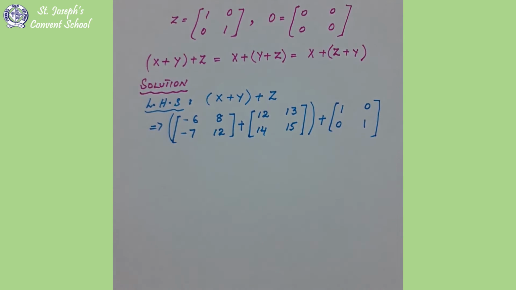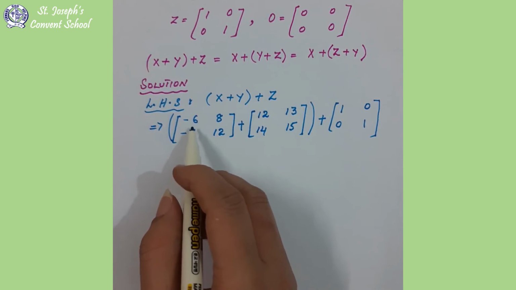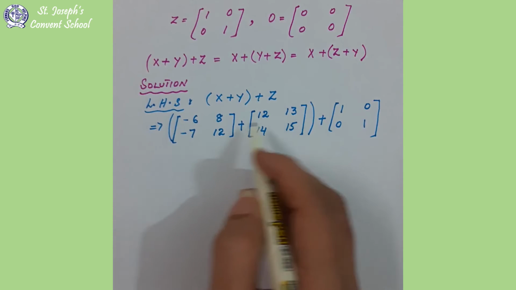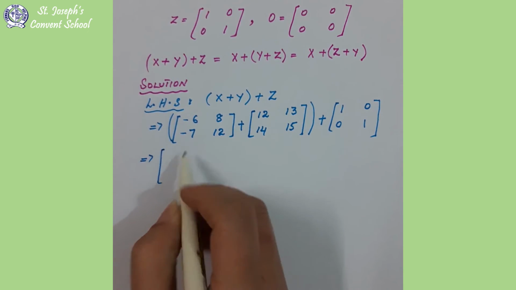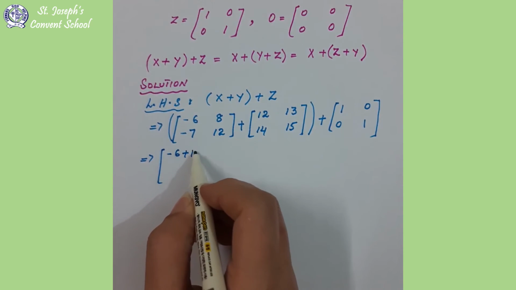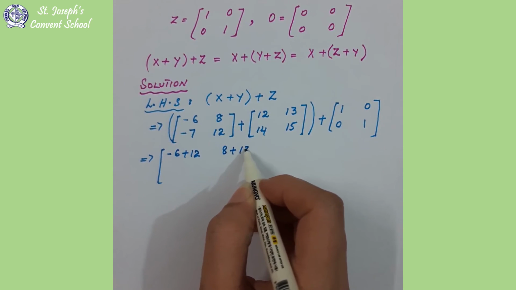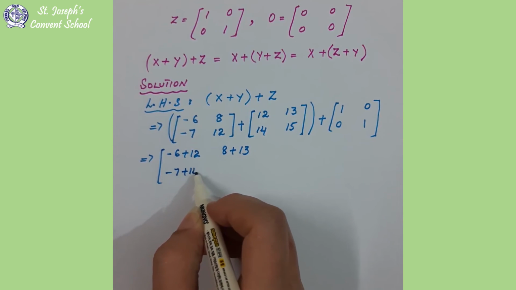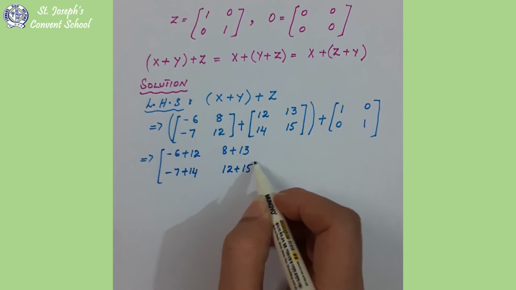Okay, then solve it. Order you can check. This is 2 rows and 2 columns, 2 rows and 2 columns, it means you can add them. Same way you will add first element plus first element, -6 plus 12, second element plus second, 8 plus 13, third element plus third, -7 plus 14, and fourth element plus fourth, so 12 plus 15.